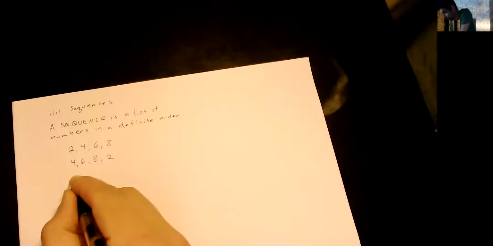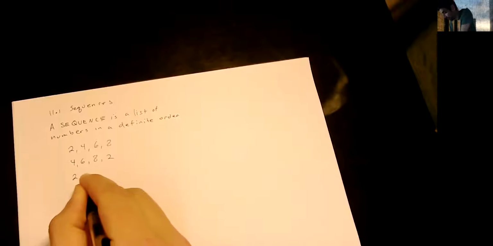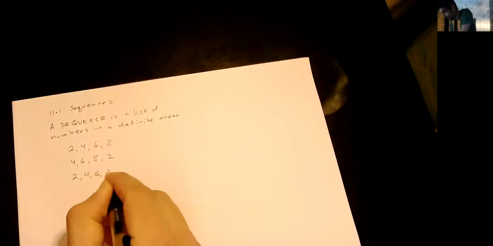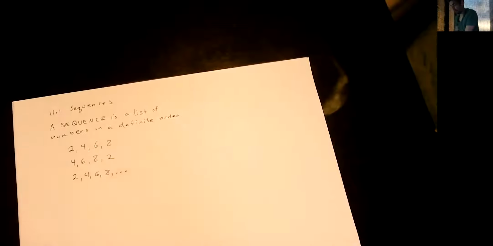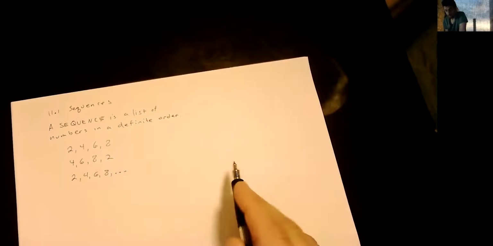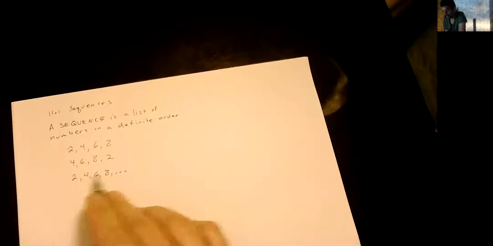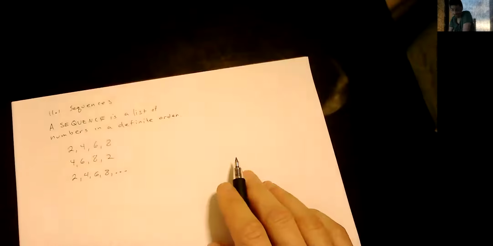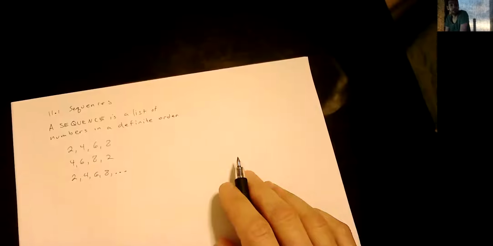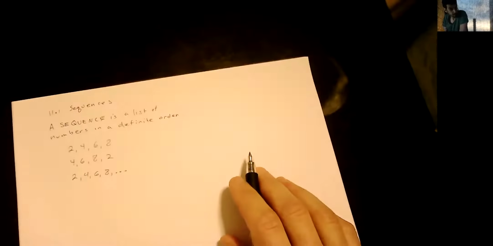Okay. And typically in this course, we're going to be dealing with infinite sequences. So I might write something like this to imply that the pattern that has hopefully been established goes on forever, right? So this sequence here is the sequence of even numbers in ascending order.